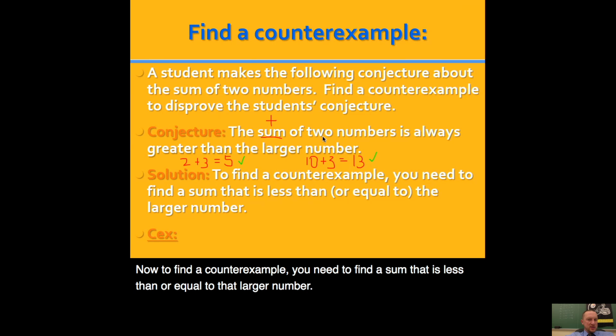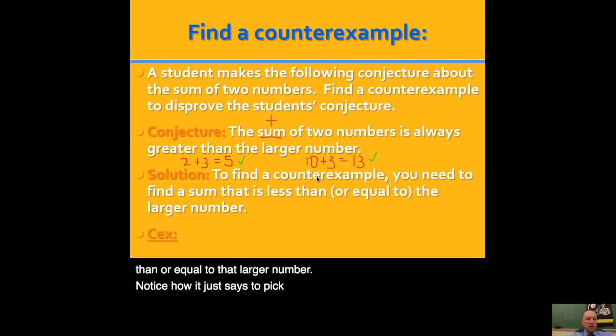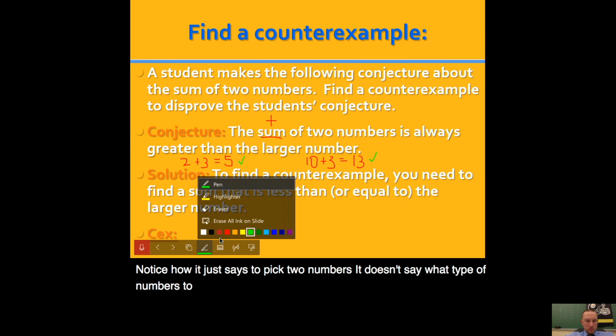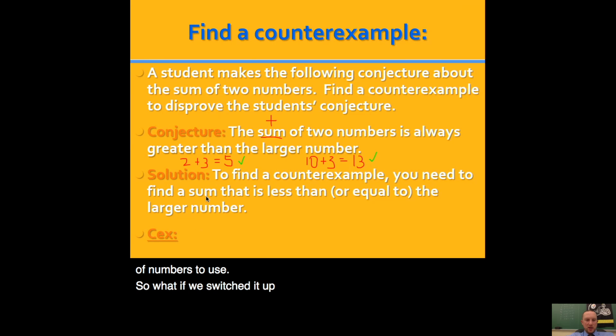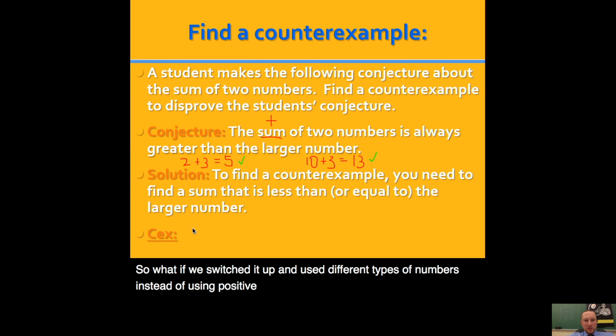Notice how it just says to pick two numbers. It doesn't say what type of numbers to use. So what if we switched it up and used different types of numbers? Instead of using positive numbers, what if we used negative numbers?